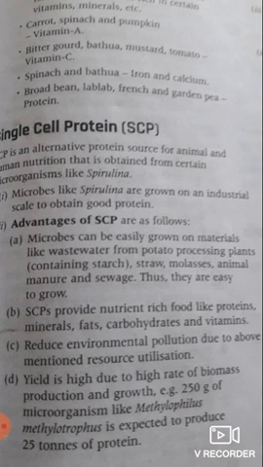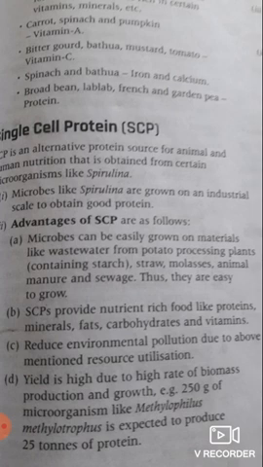But if we utilize 250 grams of Methylophilus and Methylotrophus, they can produce at least 25 tons of protein. So single cell protein can provide a large amount of production of such proteins. That's why we have to use such things.